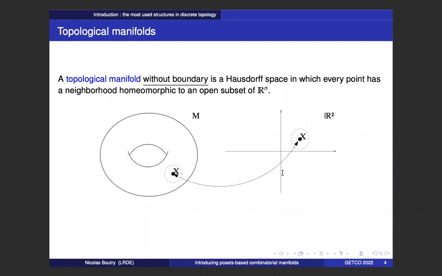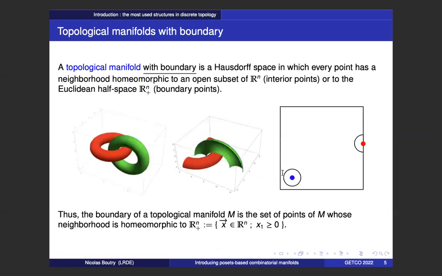We have a topological manifold without boundary. We know that the topological manifold is a space where for any point in this space we can find a neighborhood which is homeomorphic to Rn, in the case of dimension n, obviously. We have also the case of topological manifold with boundaries.